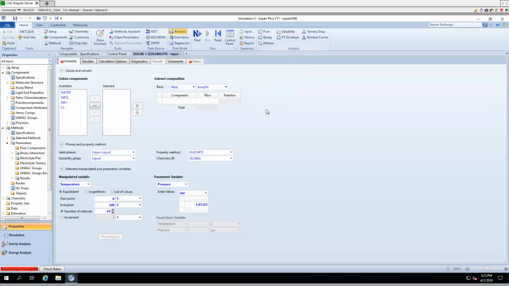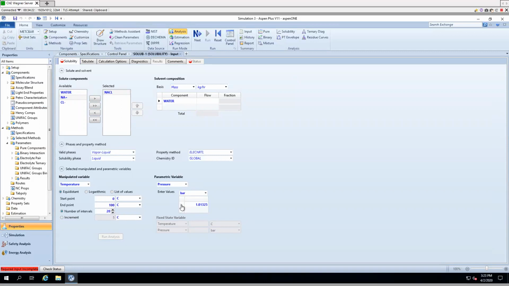So we're going to say our solute, what's being dissolved, is sodium chloride. Our solvent is water. And we want this on a basis of mass. This actually doesn't have any effect on it, this whole kilogram per hour thing. It's just mass that we need to worry about. Change the mass. All right? Okay.